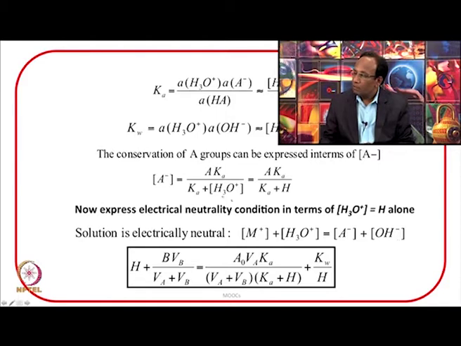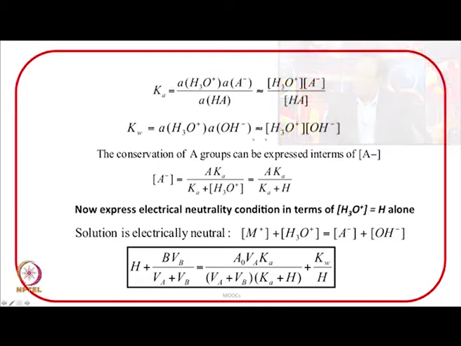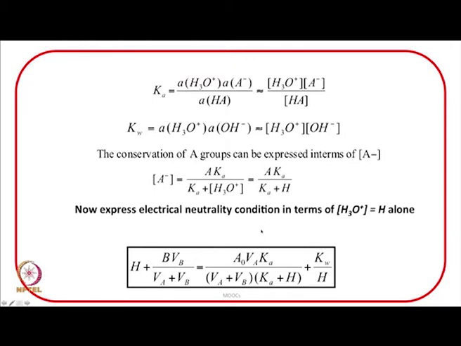For example, A minus is A times Ka over Ka plus H, and OH minus I can write in terms of Kw divided by H, and M plus can come from the previous discussion.